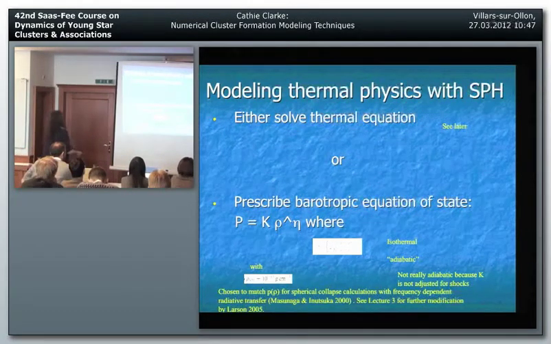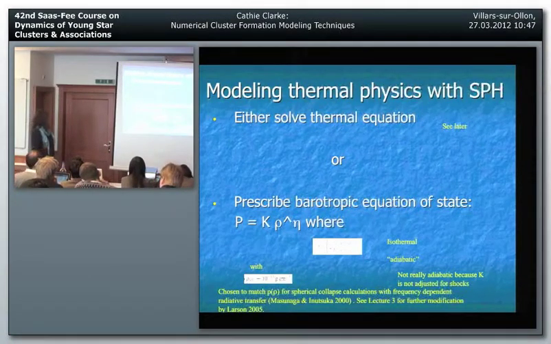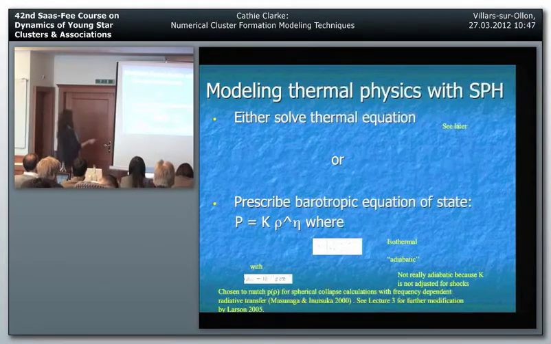And the simplest thing you can think of is making it isothermal when it's low density, and then when it gets high enough density, you make it adiabatic. So you have a dependence of P going as rho to the 7/5 power, which is appropriate to diatomic gas. I do put adiabatic in inverted commas there as just a little note for the purists.